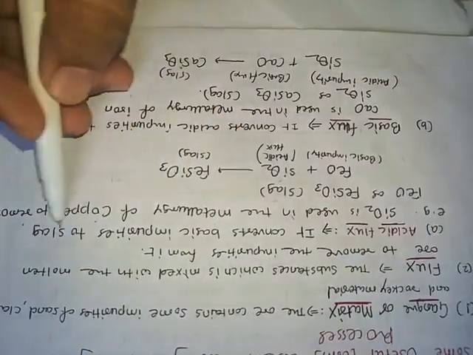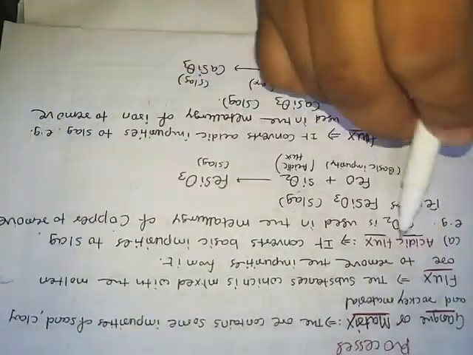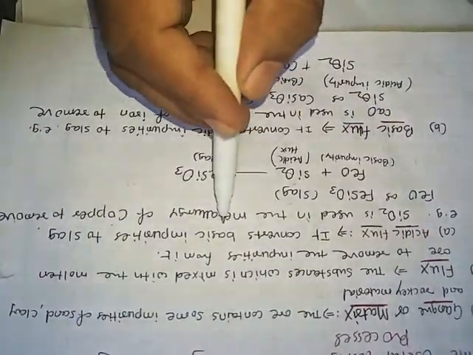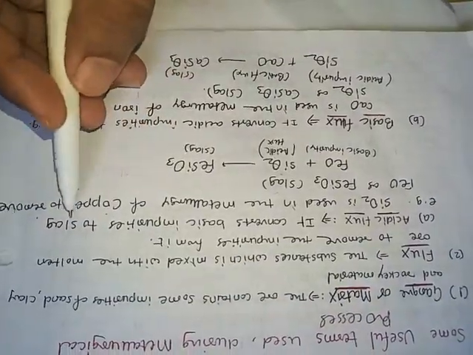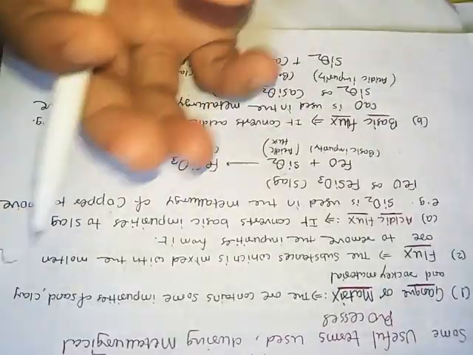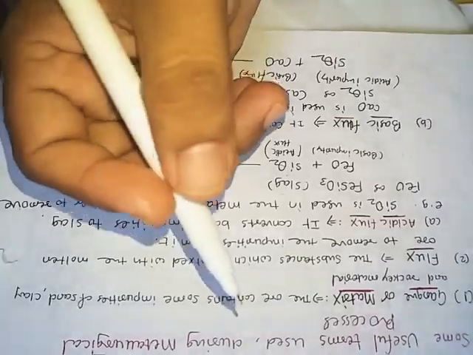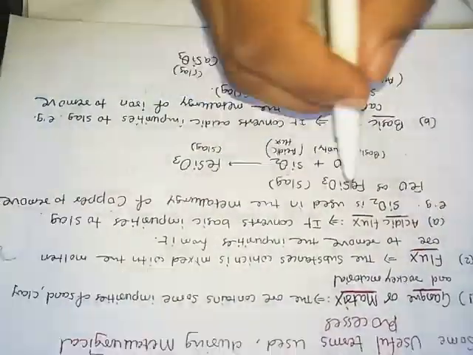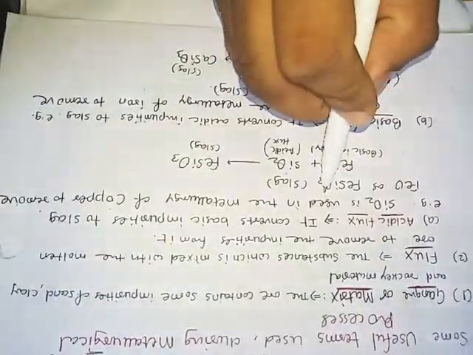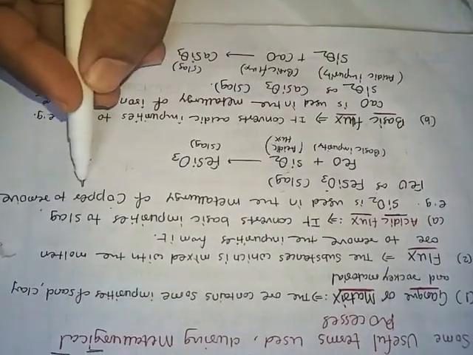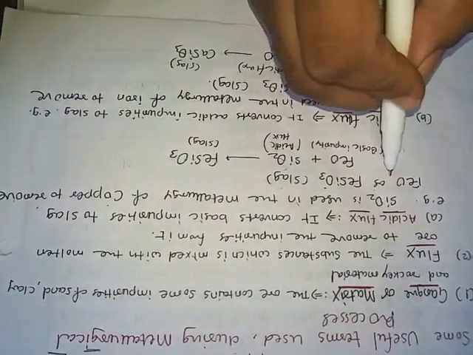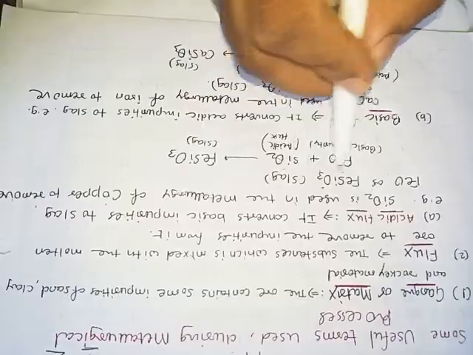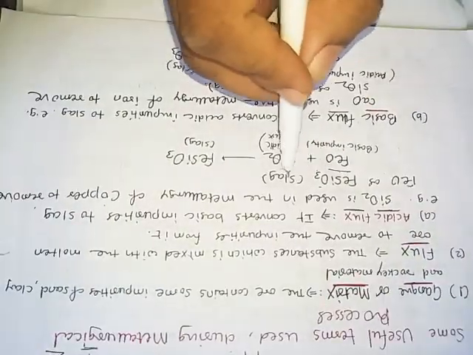Acidic flux converts basic impurities into slag. Slag is an infusible mass that we can remove easily. For example, SiO2 is used in the metallurgy of copper to remove FeO as FeSiO3, or iron silicate, as a slag.